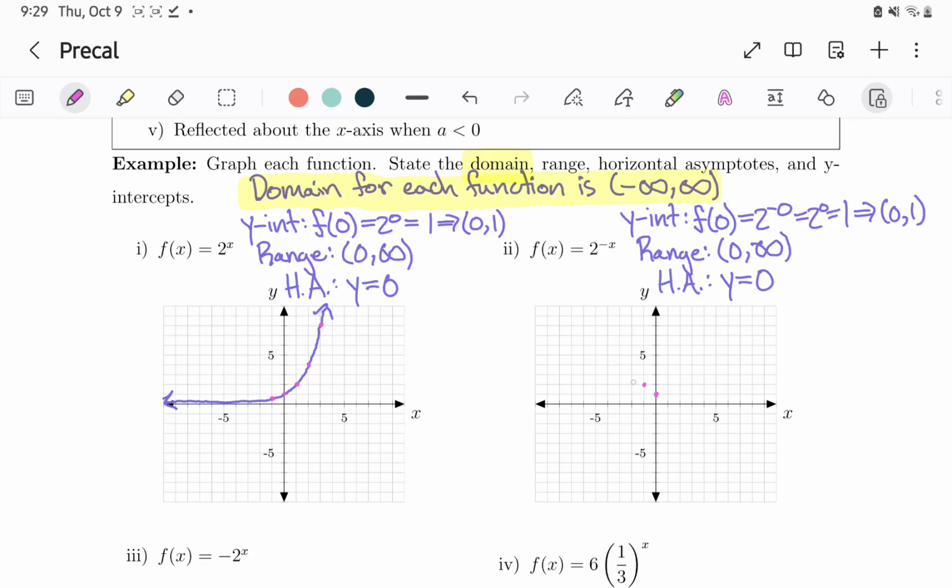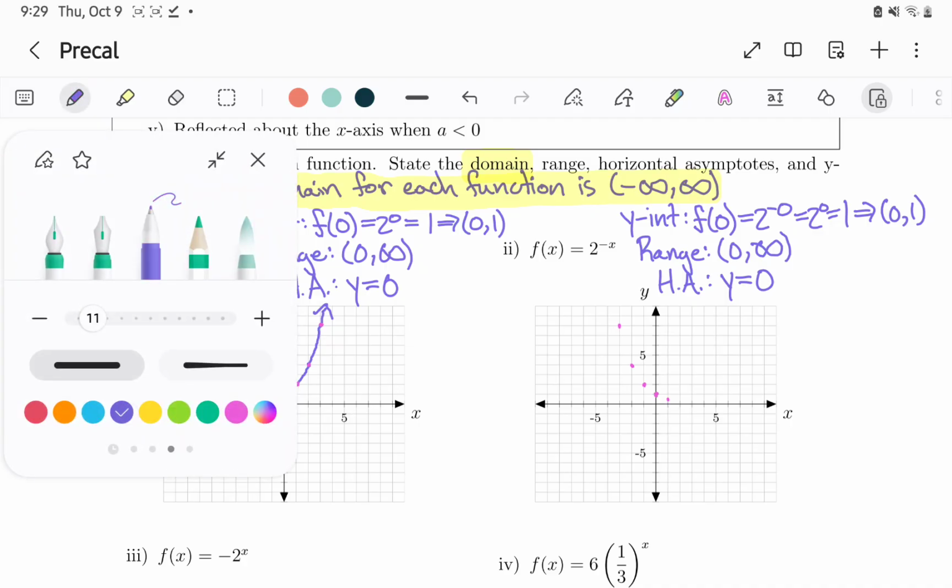And f of negative 2, again, that was equal to 2 squared. So it's going to pass through the point minus 2, 4, because of course 2 squared is 4. And then f of minus 3 is going to equal 2 cubed, which is 8. So it's going to pass through the point minus 3, 8, which is right there. And also f of 1 is equal to 2 to the minus 1, which again is 1/2. So it's going to pass through the point 1, 1/2.